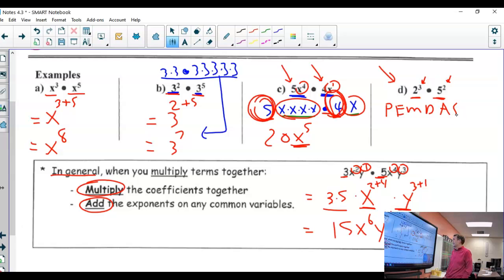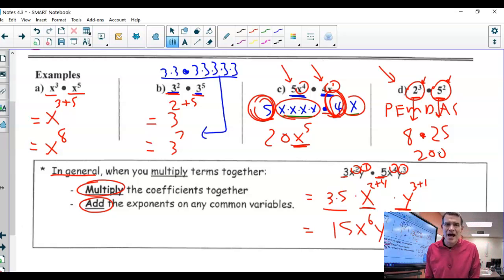There is no trick with the exponent. You have to figure out what 2 to the third power equals. That is 8. What 5 to the second power equals. That's 5 times 5, 25. And then multiply 8 times 25, and you get 200. No trick with the exponents when they're not on the same base.